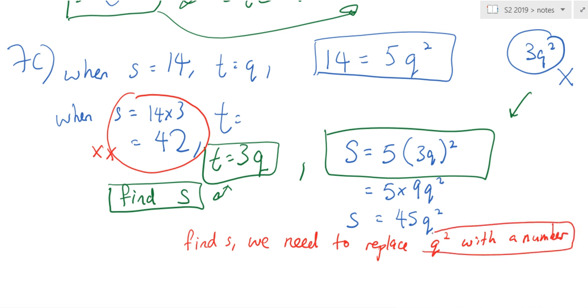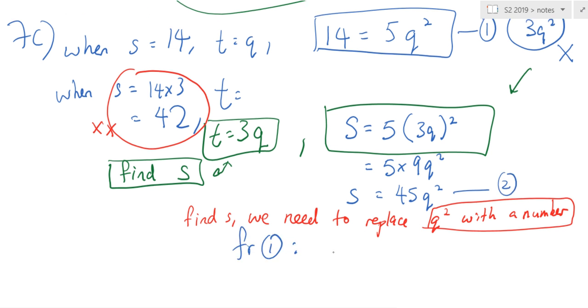There is equation 1. There is equation 2. So I write down. From 1, I will copy down the equation. If I want to replace q squared with a number, can you suggest q squared equals to what? What must I do to the 5? Minus or divide? Divide. So q squared is equals to 14 over 5.